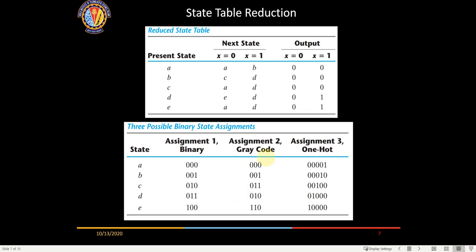There is no formula which will give prior information on what would give a better circuit. You need to try out one of these, or maybe even randomly give some values here. The only thing is each state has to be unique. That's the only thing you have to take care of, and that is how you find the best possible solution.